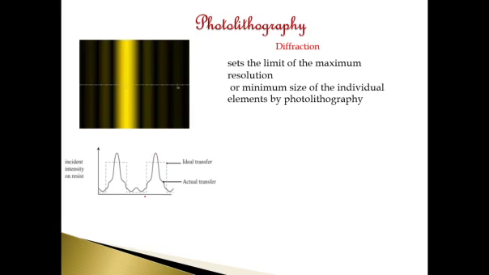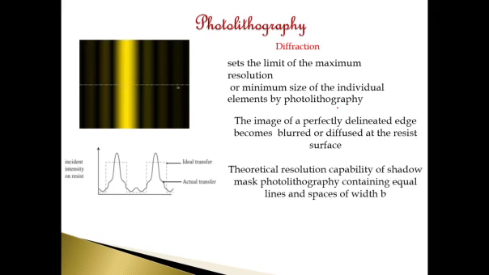That will set the limit of the maximum resolution or minimum size of the individual element formed using photolithography. The image of a perfectly delineated, that means exactly vertical, edge becomes blurred or diffused at the resist surface, so the intensity is changing gradually. What you get will be a pattern of a curved nature rather than an exactly vertical pattern. That is the problem faced in photolithography.